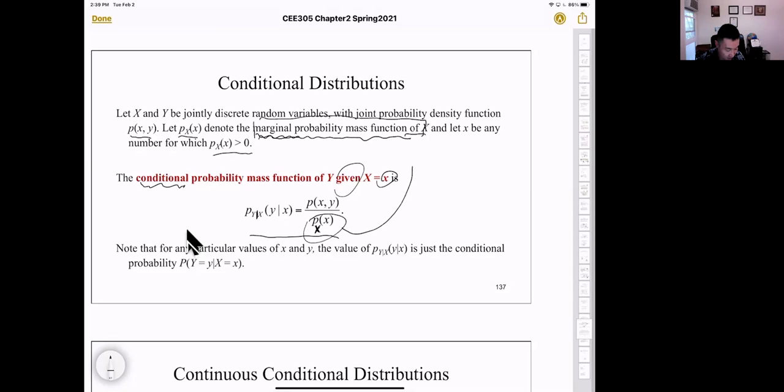And the top part is the joint probability function, p(x,y). The ratio of these two is the conditional probability mass function. So that's the probability for y given x is equal to a certain value. The value of x is fixed.